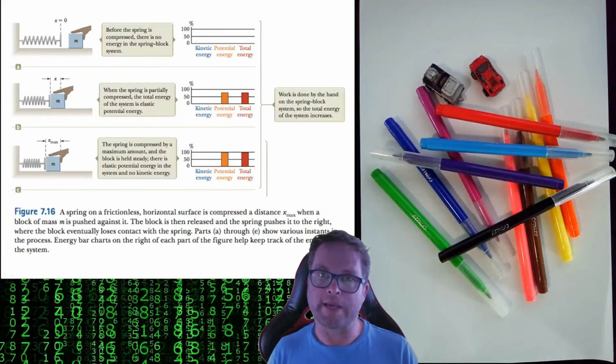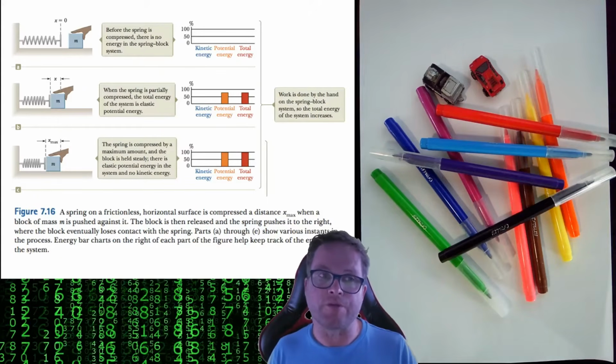And for us, we're interested in looking at what happens to the block, or the whole energy of the whole system, in terms of three things: the kinetic energy stored in the block, the elastic potential energy stored in the spring, and then of course the total energy.